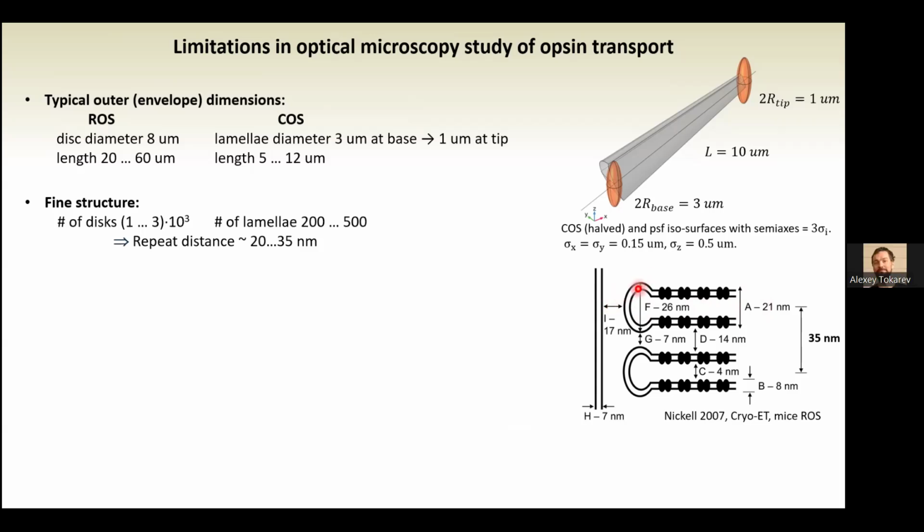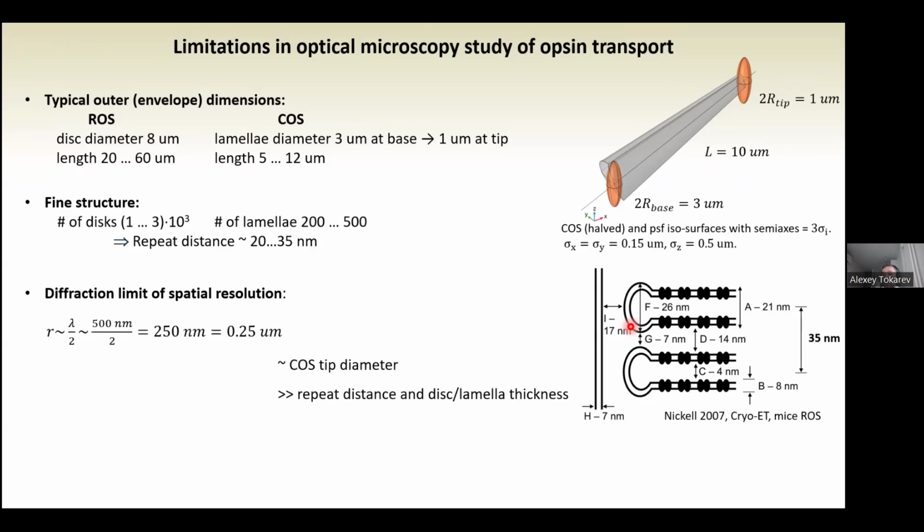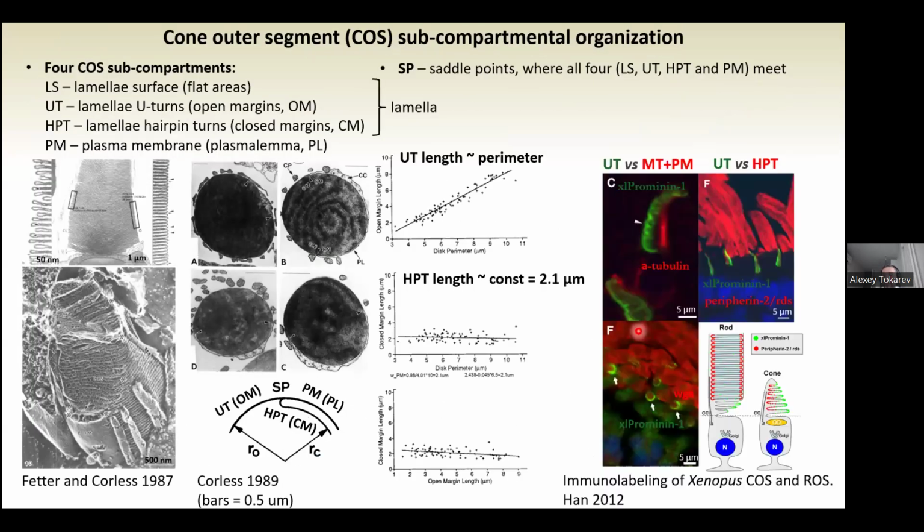For example, here in hepaton we have lots of this protein, peripherin, shown here in red in rods.